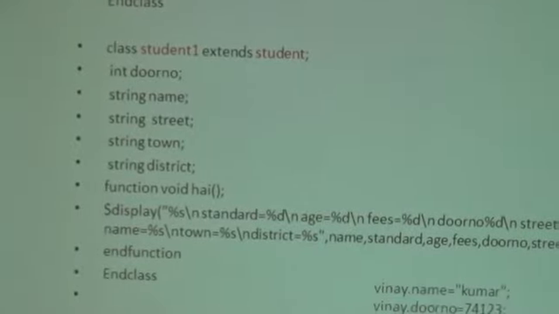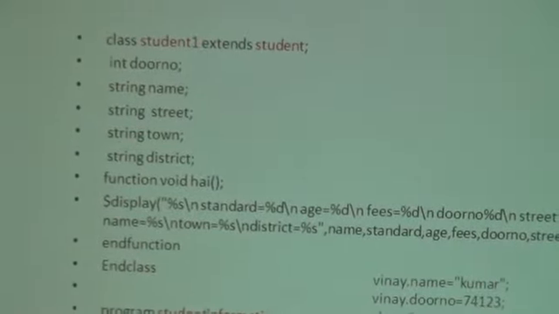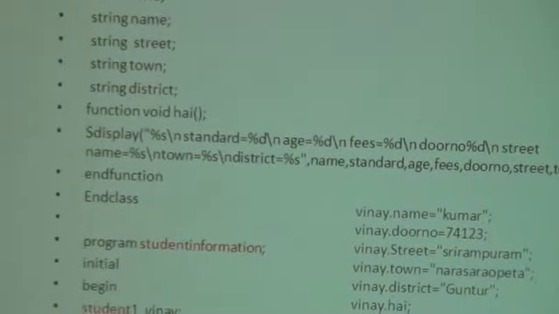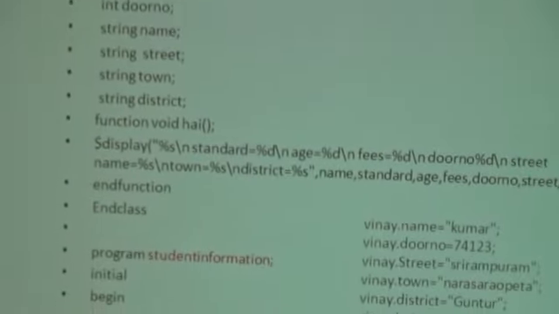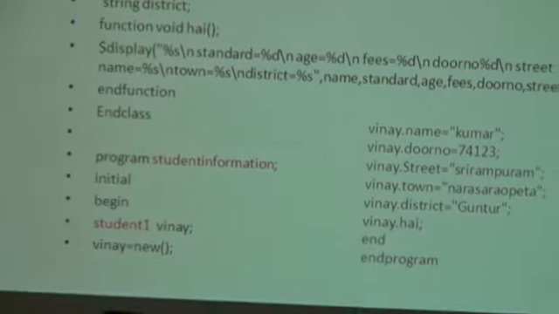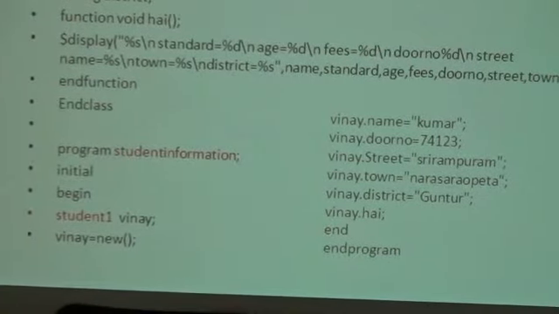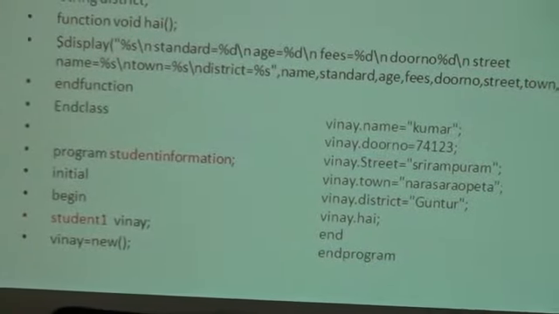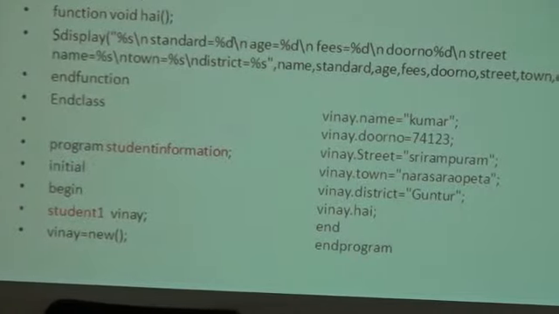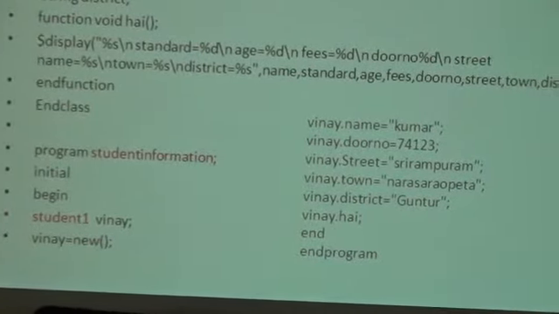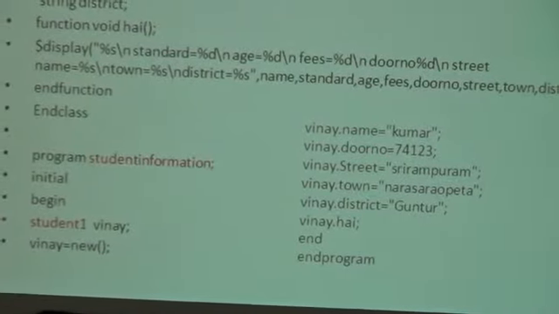What differs is their name, their street, their town and district, and the door number. So in the function void, I just try to print all the required things. In the program student information, between begin and end, I try to access all the variables. That means I was creating an object for Vinay.